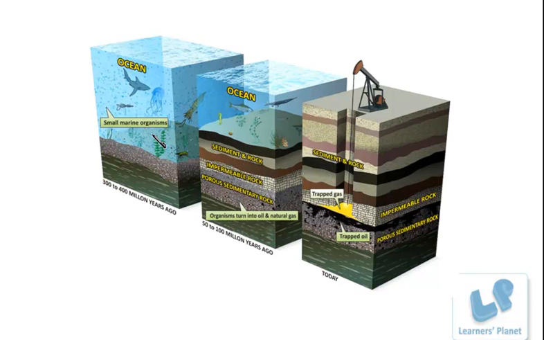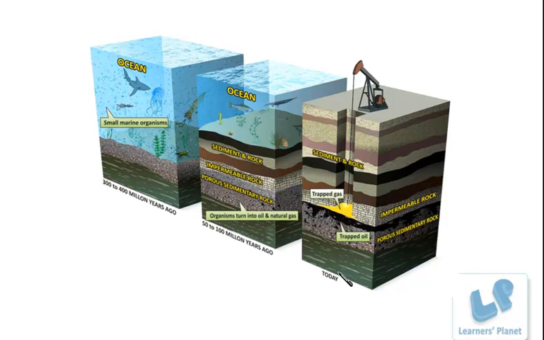So how is this petroleum formed? The tiny microorganisms died and settled at the bottom, the ocean floor. They were covered by the sediments of rocks, say, sand. Then due to the enormous heat and pressure, these remains were transformed into oil and natural gas.